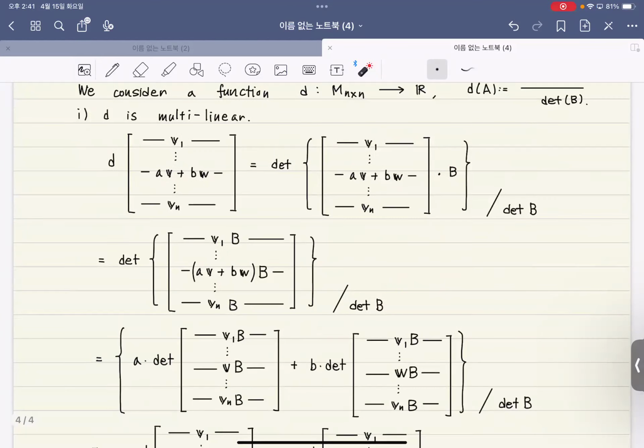Now I'm supposed to compute the determinant of this matrix, but we know the determinant is already a multilinear function.